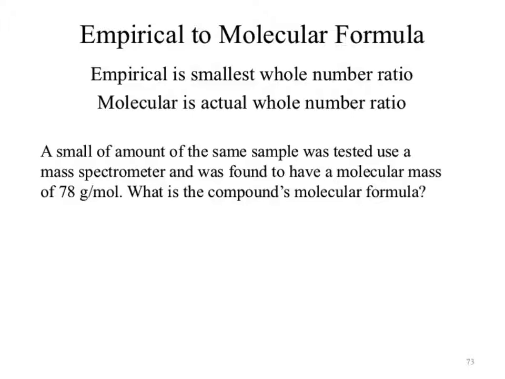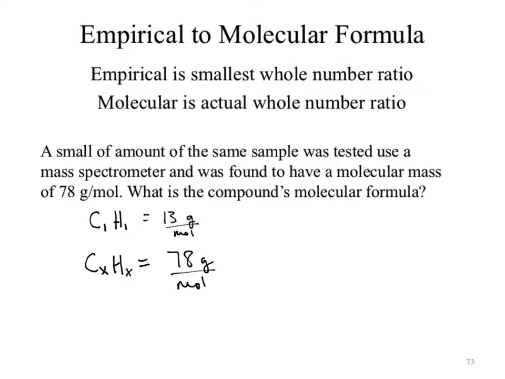See what you can come up with. Do we know what the empirical formula was? That was C1H1. And we are told that our compound was CXH-something, and that if I add up the molar mass of that, I get 78 grams per mole, right?